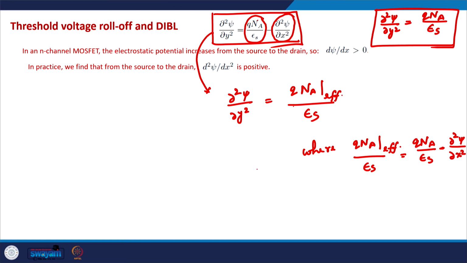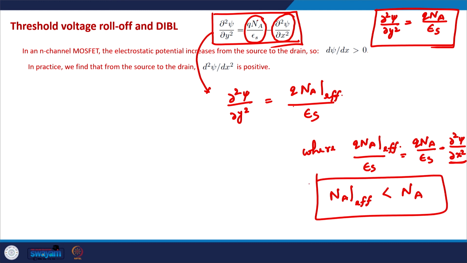And what we have just seen is that this is a positive quantity. So, this Na effective is actually less than Na. This Na effective is the effective doping of the semiconductor when we consider the 2D electrostatics.